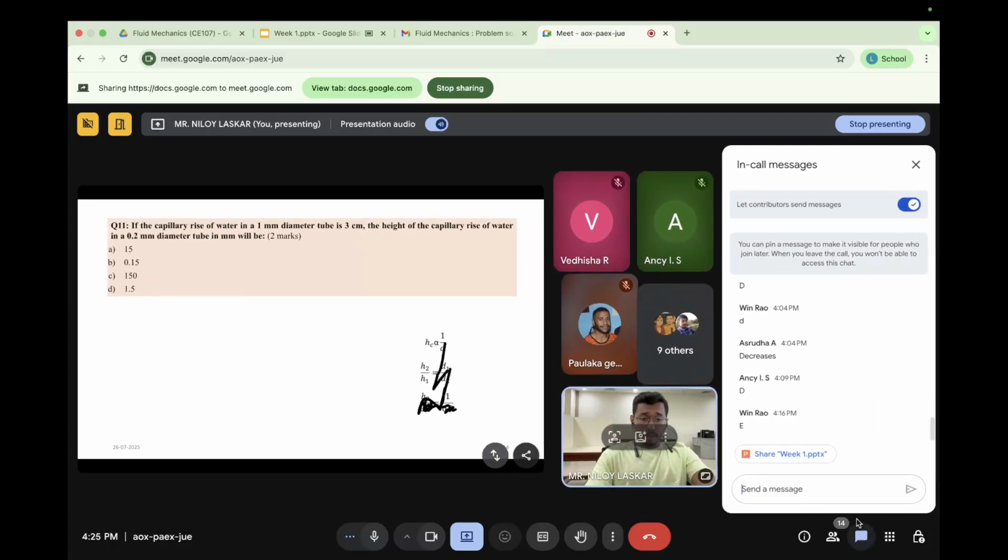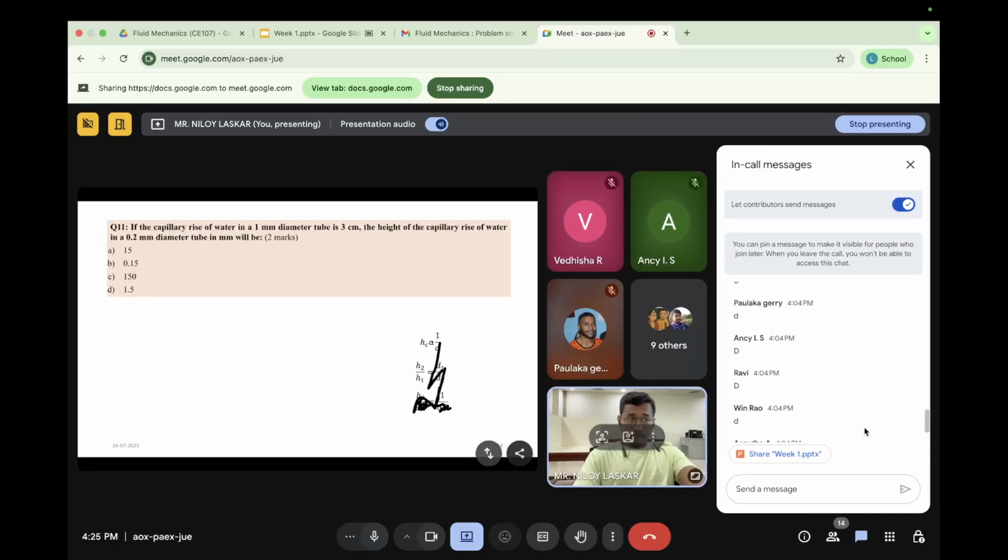Okay, anyone? Ravi said A. Vidisha said A. One thing I will suggest here, everyone please see the units.